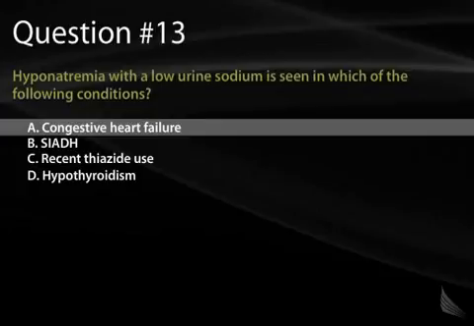Aldosterone release is stimulated by states of low effective circulating volume. Of the choices given, congestive heart failure is the only state of low effective circulating volume. Congestive heart failure is an extremely high renin-angiotensin-aldosterone state, which is why medications that modulate this system are key in the treatment of heart failure.